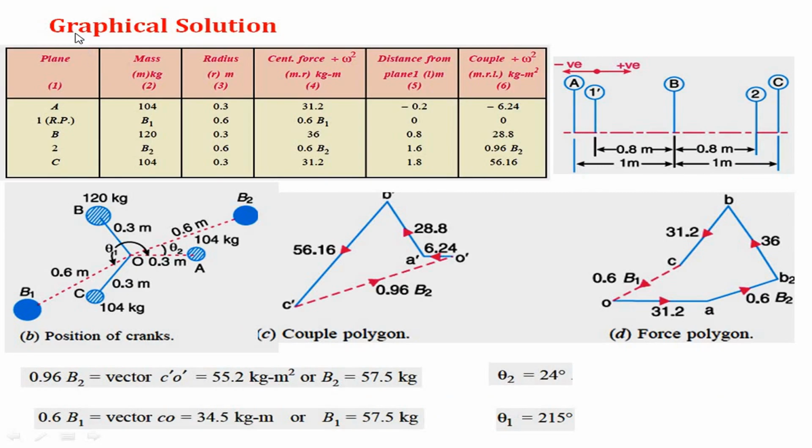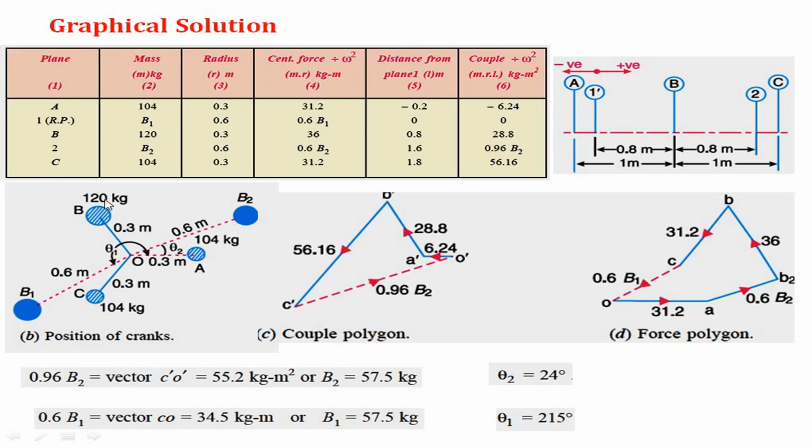To solve the same numerical using the graphical method, first of all we have to prepare a table like this, in which the first column represents the planes, then mass, radius of rotation, centrifugal forces, distance from the plane and couple. The first thing that we need to do is to represent the known masses with their angular positions, right?